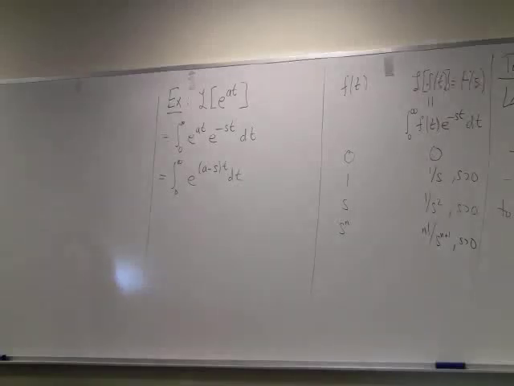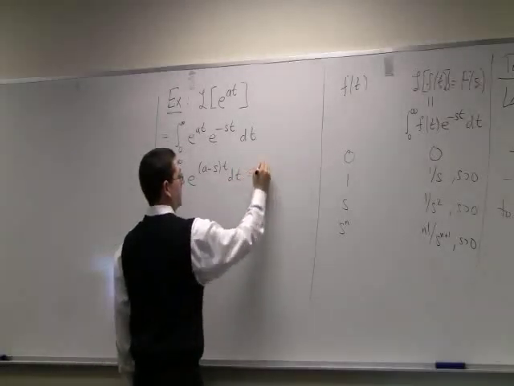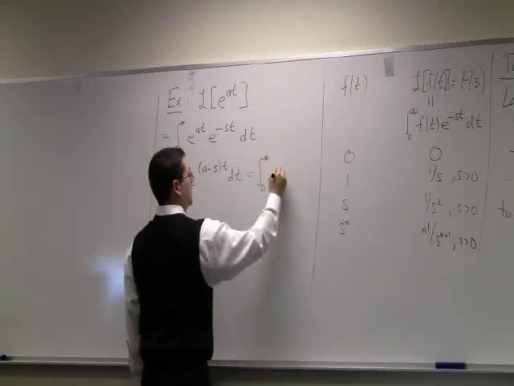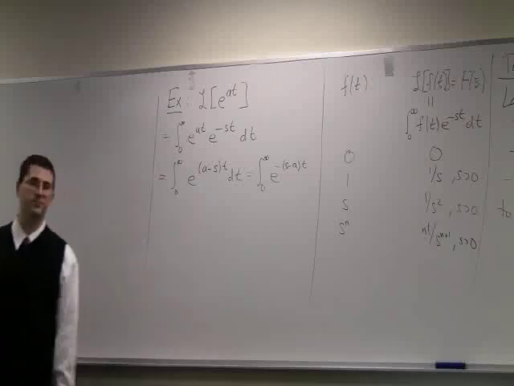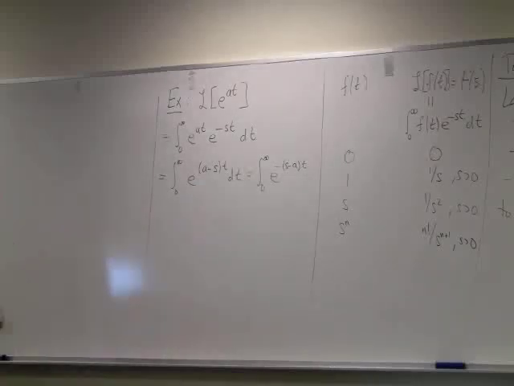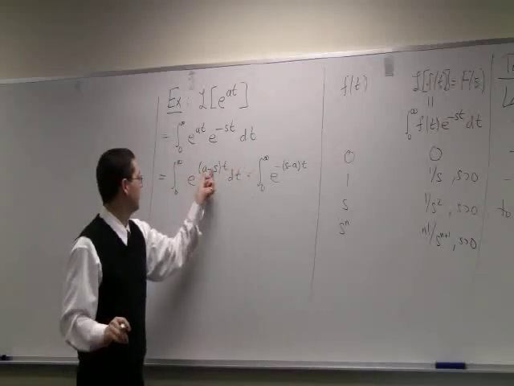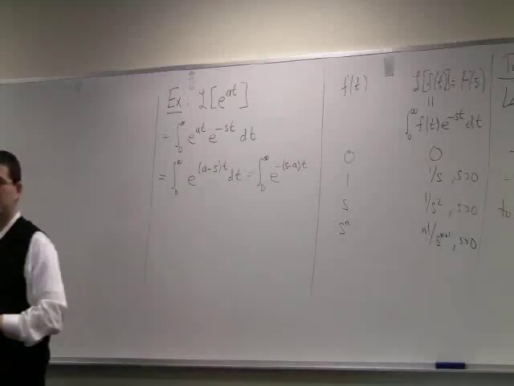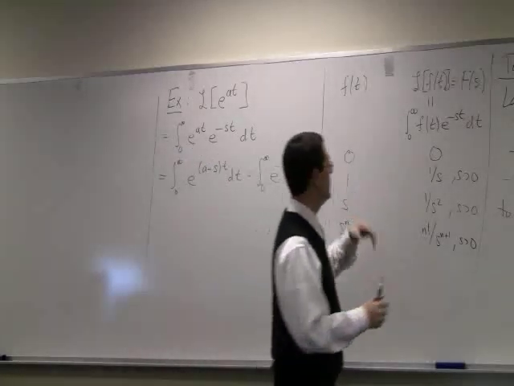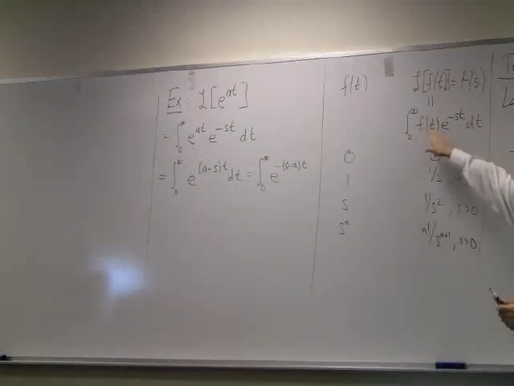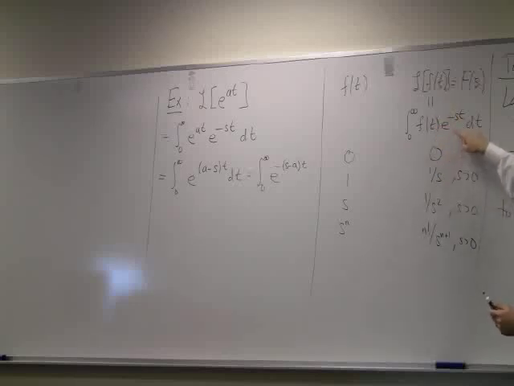Okay, now I just play a little trick. I make this e to the minus (s minus a) t. All I did is introduce a minus sign and then reverse the order to compensate. Now why, of course, am I doing this? Well, let's look back to the definition of the Laplace transform. It's some function, whatever that is, times e to the minus some variable times t.